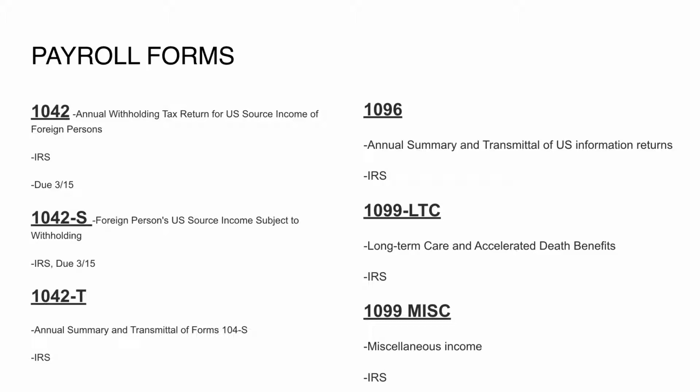Form 1096. Annual summary and transmittal of U.S. information returns to the IRS. 1099-LTC. Long-term care and accelerated death benefits, reported to the IRS. Form 1099 Miscellaneous, 1099-MISC. It is used to report the miscellaneous income to the IRS.